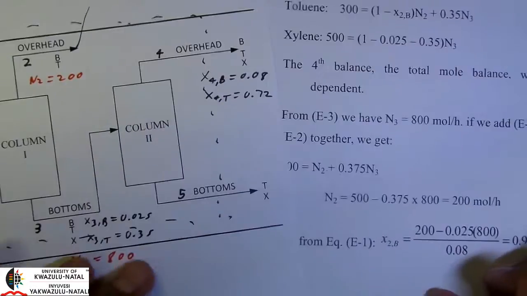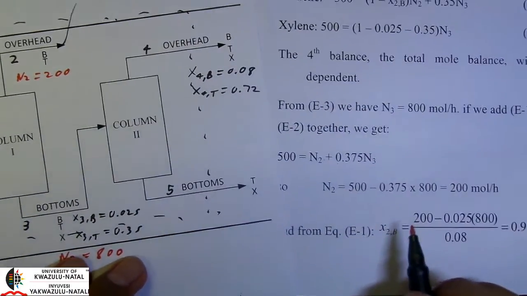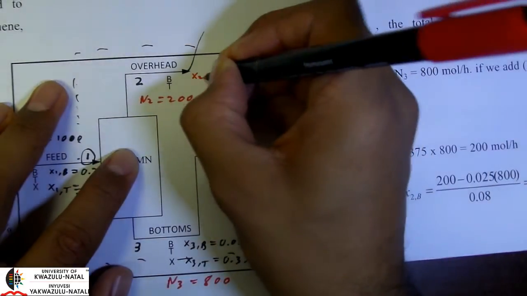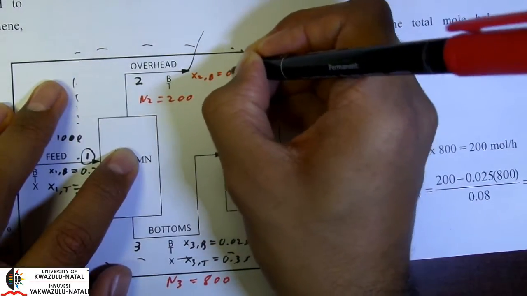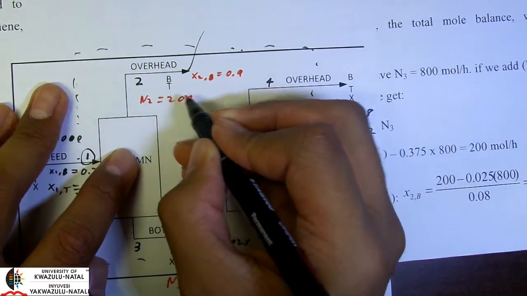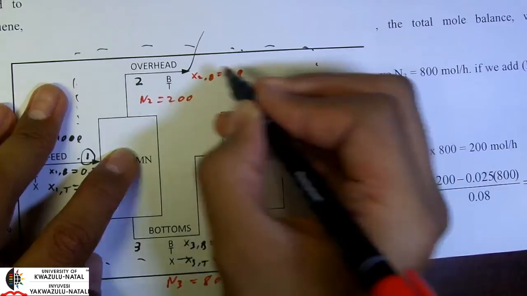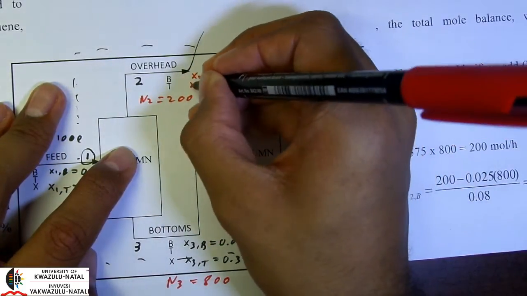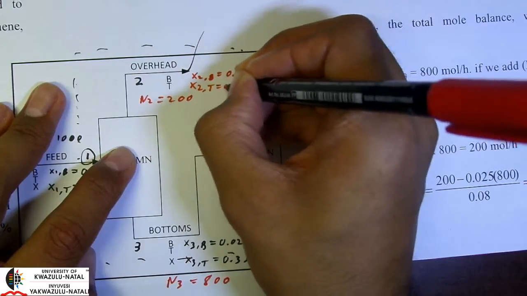And we know that we've solved that X2B is 0.9. And X2T is very easily solvable. It's just 1 minus 0.9, so we can obtain X2T to be 0.1.